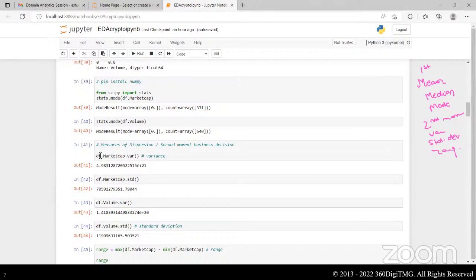After that, from the dataset df.market_cap, which is your column, I calculate the variance. This is the variance value that I'm getting. I am also calculating the standard deviation, and the variance and standard deviation for volume as well.